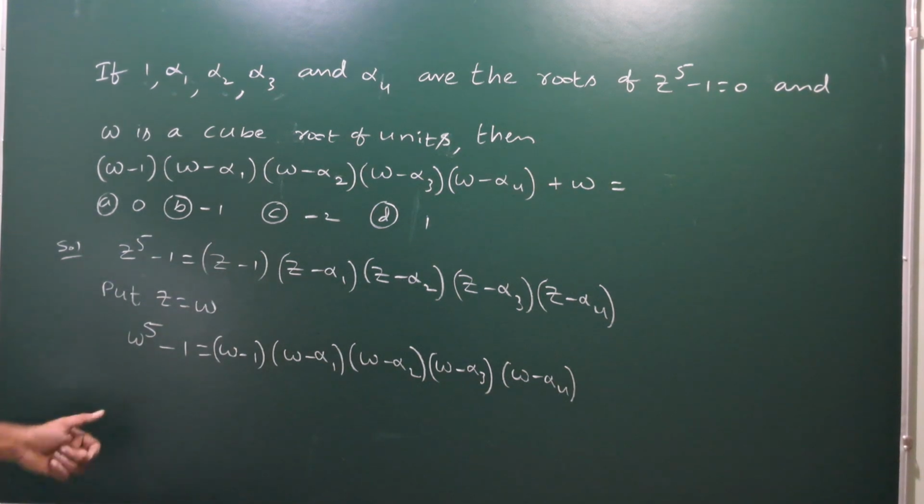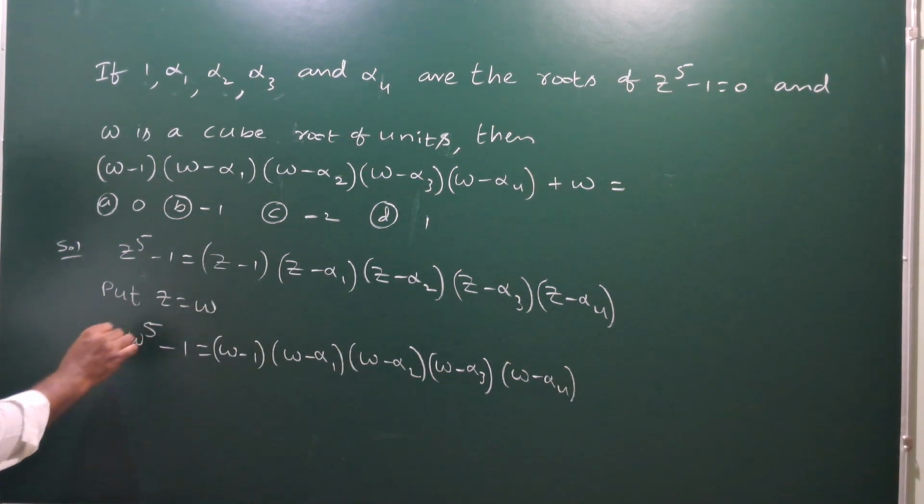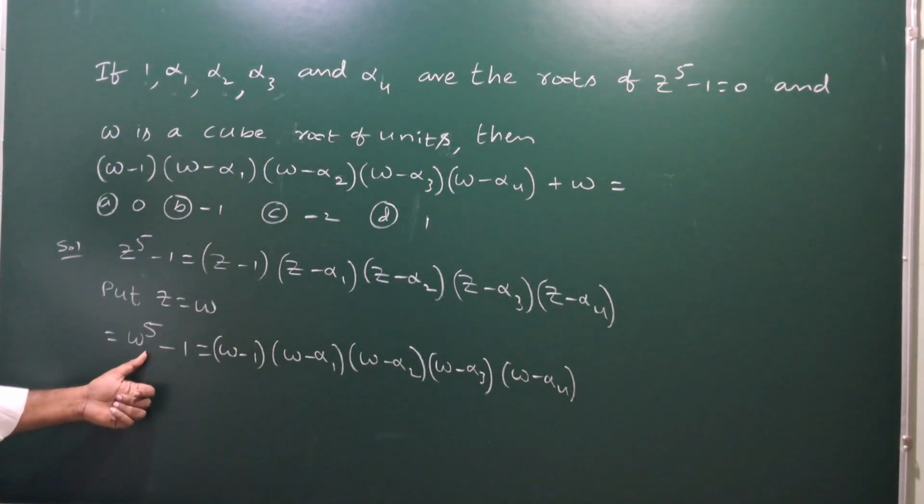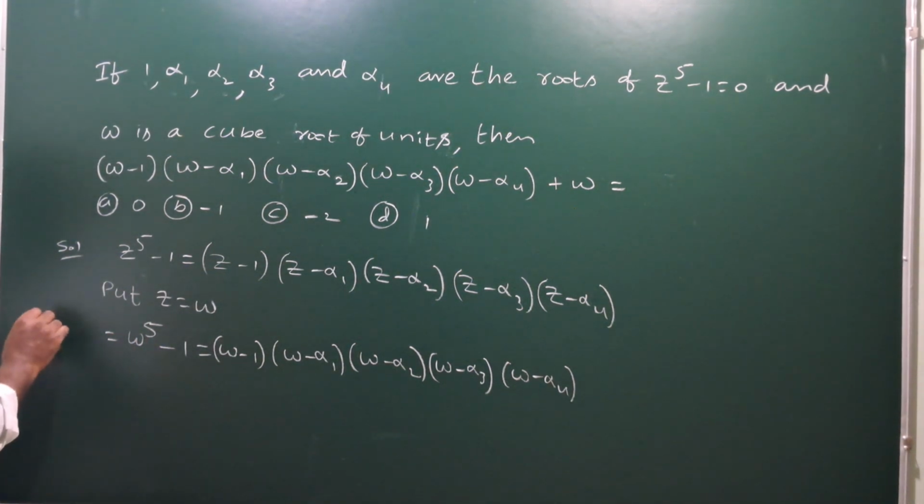So this is the equation. We have omega^5, what is the value of it? The remaining is omega square, so it is equal to omega^2 - 1.